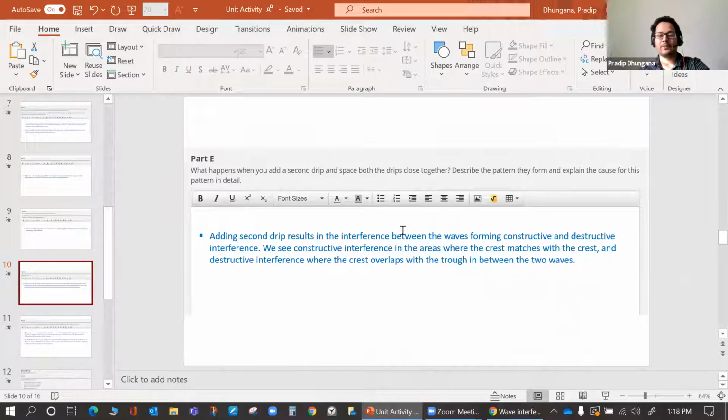And constructive interference is formed in the area where the phase of the waves matches. Like if the waves are in the same phase, we see constructive interference. That means we see a bright pattern, did you see? And then in the area where the waves are out of phase, at that time we see destructive interference.